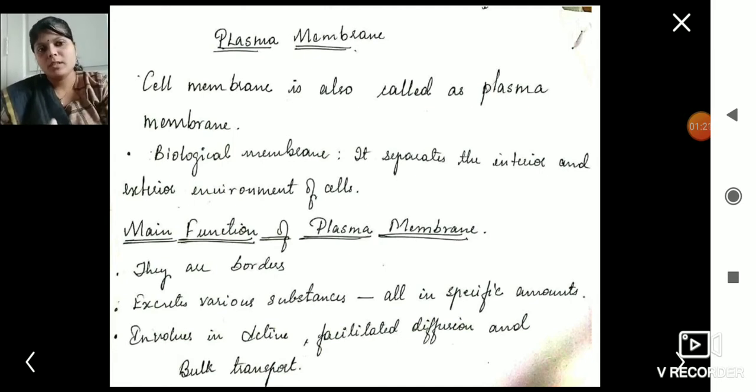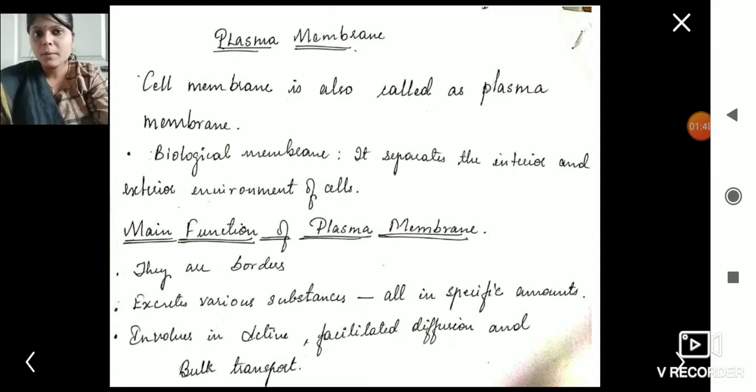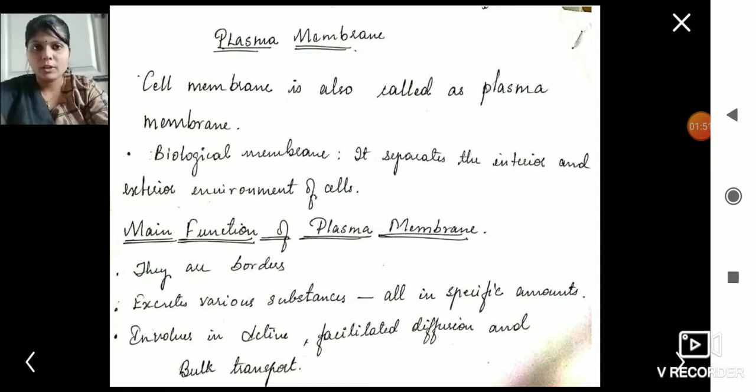They are the borders. What do you mean by that? As I told you beforehand itself, they help us in the interaction with the other environment outside the cell, and they are the borders which help to protect the cell from many foreign substances, or avoid certain substances just entering into the cell without any necessary function.